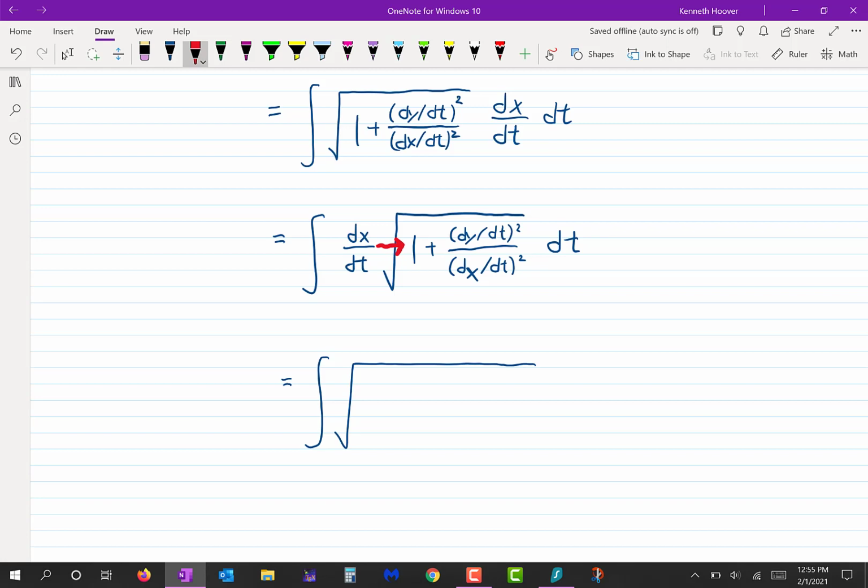No, it'll be dx/dt squared, right? So we'll have (dx/dt) squared times the 1 plus (dy/dt) squared over (dx/dt) squared.